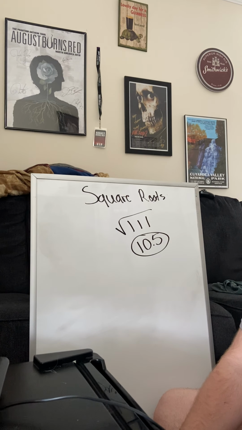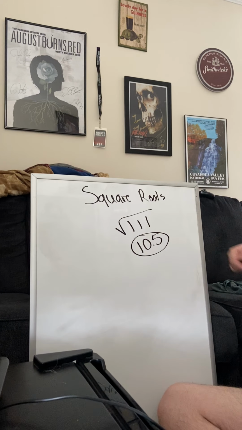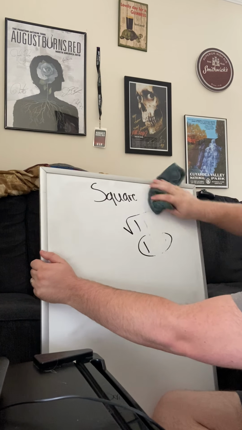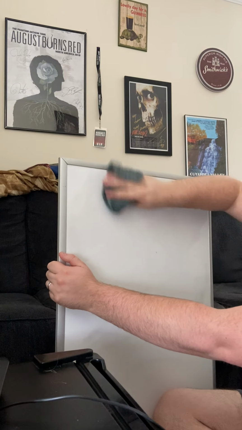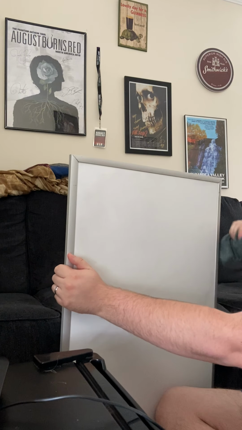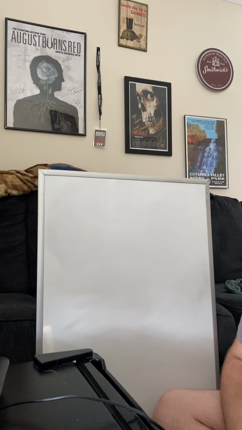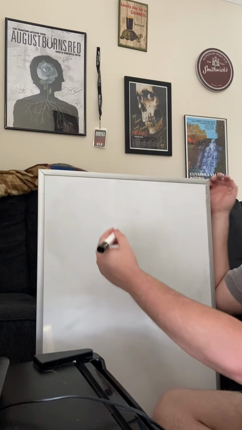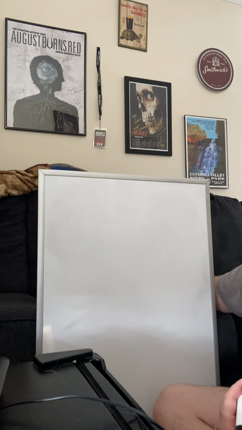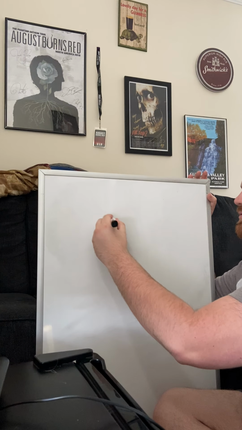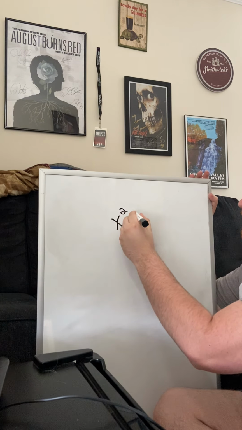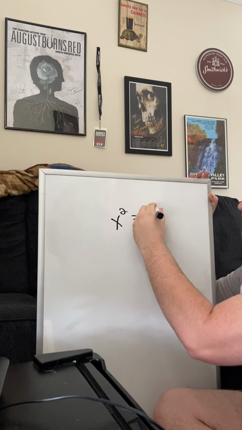All right. Now, one other small thing I want you to know in regard to square roots is, in the word square root, square means the second power. So let's say I'm doing an equation. I want to find x, or a letter by itself, right? Let's say I have x to the second power equals 16.